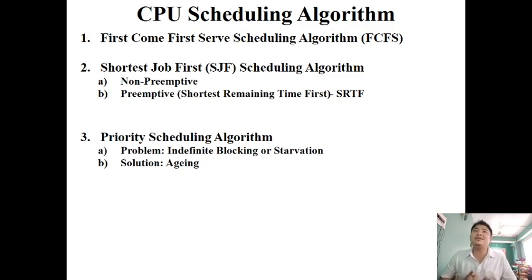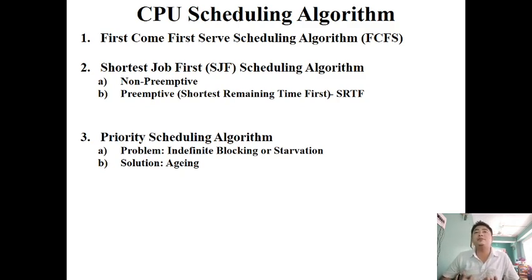So in either case, SJF, preemptive or non-preemptive, or priority scheduling algorithm, there is a very high chance of encountering starvation or indefinite blocking. It indicates that the process with the large burst time, or the process with the lowest priority, will never get a chance to execute.